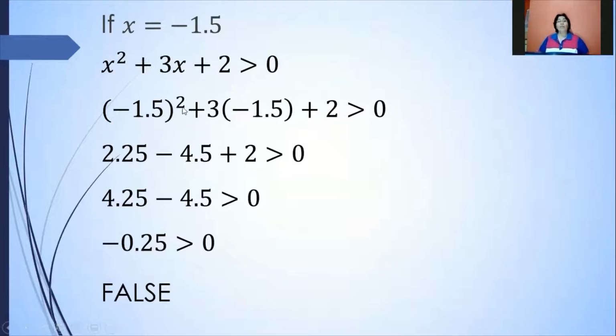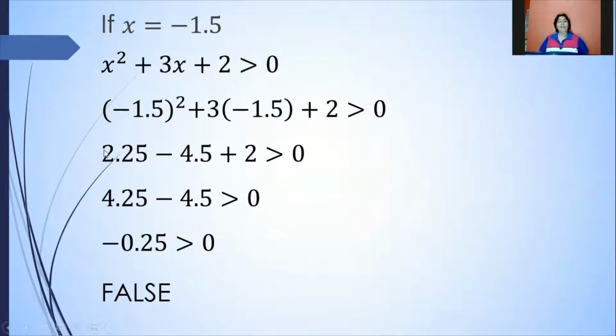Negative 1.5 squared is equal to 2.25. Positive 3 times negative 1.5 is equal to negative 4.5, plus 2 is greater than 0.